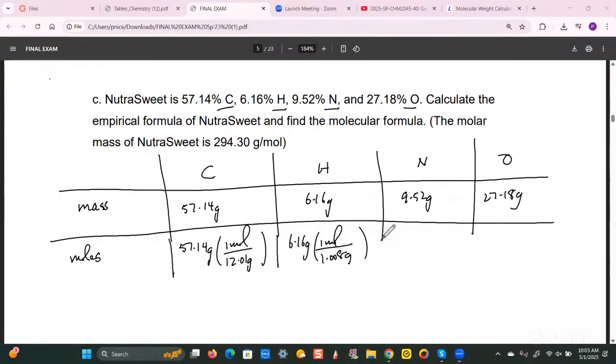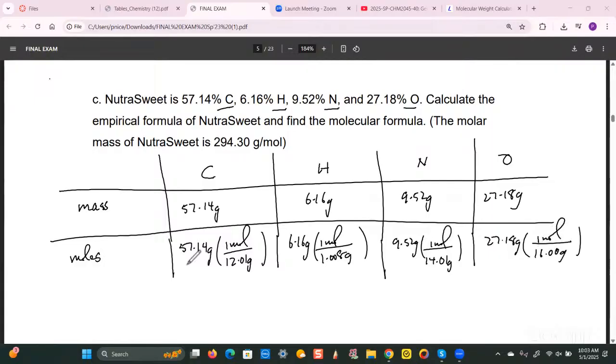In the case of nitrogen, it's 9.52 grams multiplied by 1 mole over 14.01 grams. And in the case of oxygen, it's 27.18 grams multiplied by 1 mole over 16.00 grams.